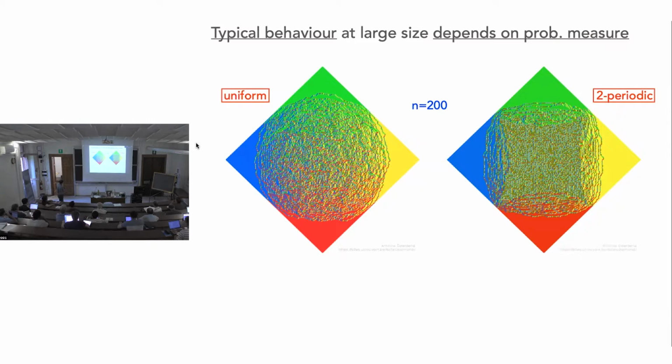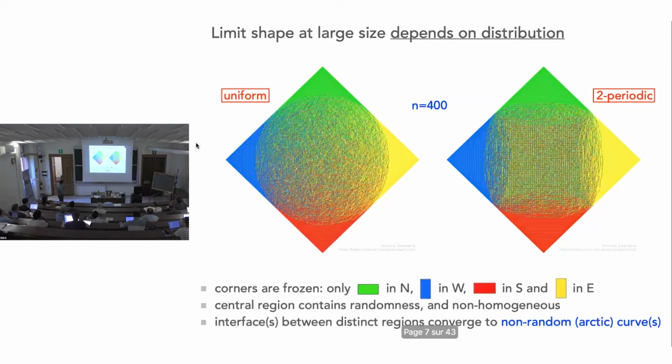And you see a substantial difference. That's for n equal to 200, and for higher order, the characteristic gets sharper. So we clearly see that in both cases, there are frozen regions, which are the corners, and on the corners, you find only one variety of dominoes. That's true for both measures.